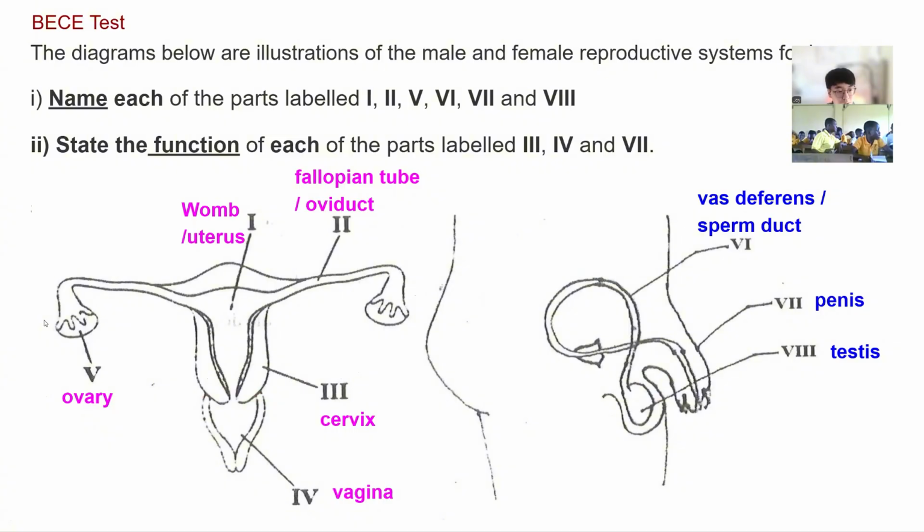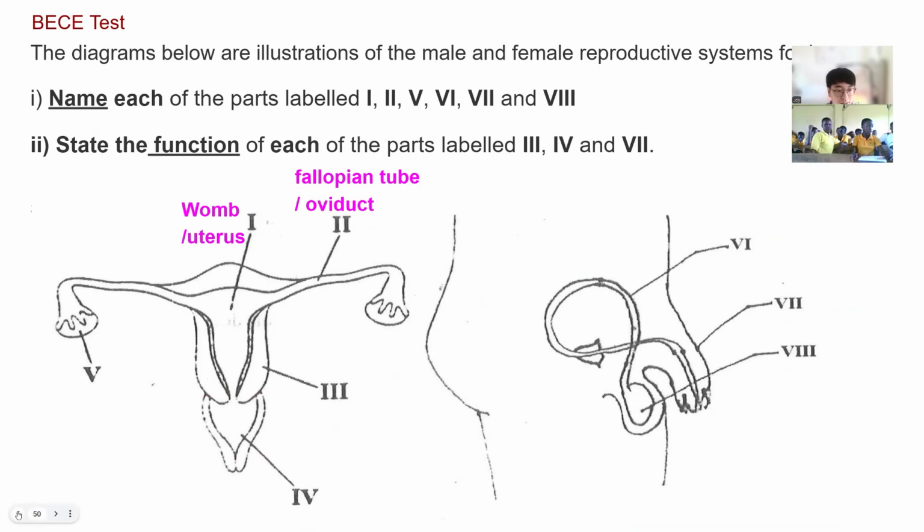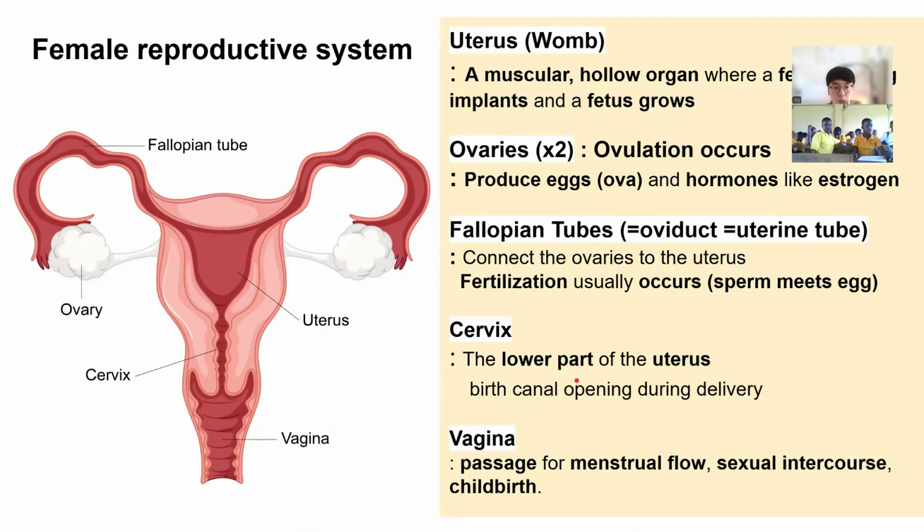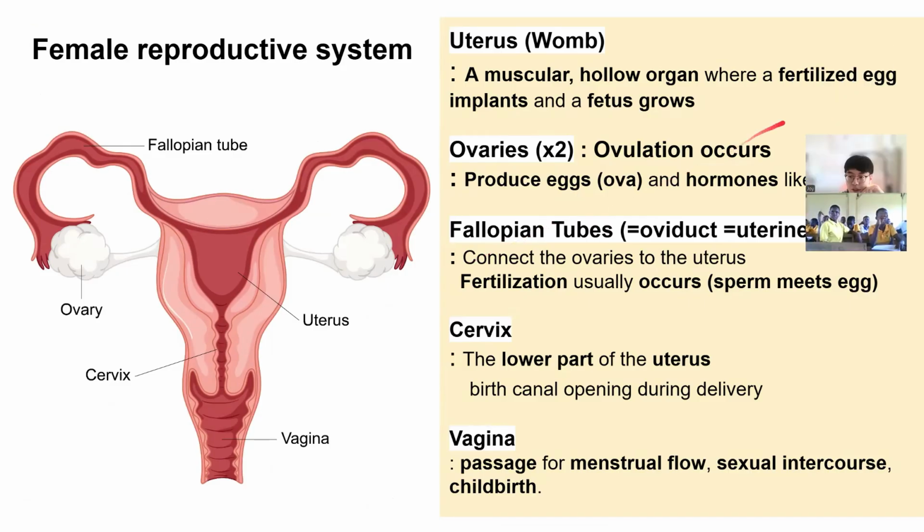So yeah, let's just do a quick review. So if we look at this slide right here, remember that the uterus is where the fertilized egg implants. So it attaches here.